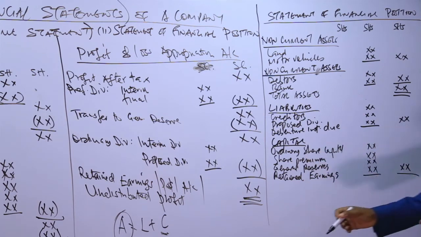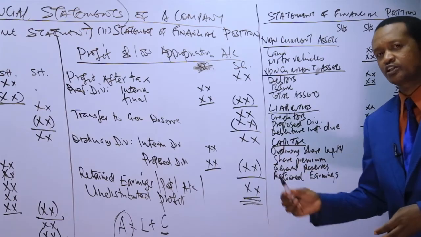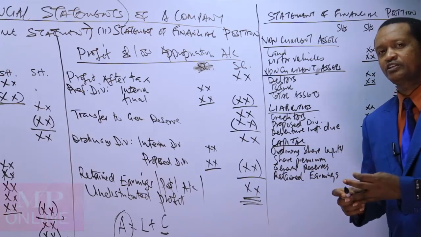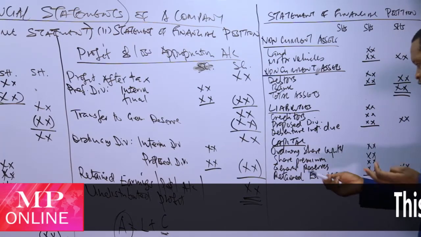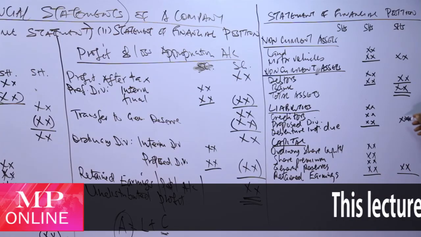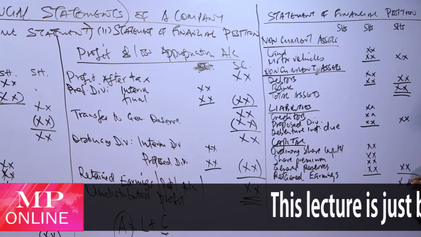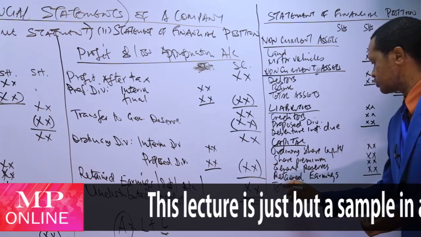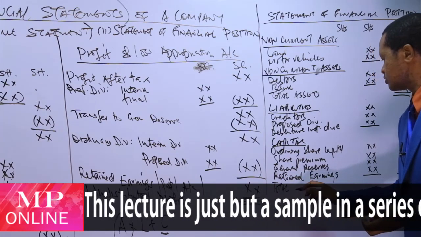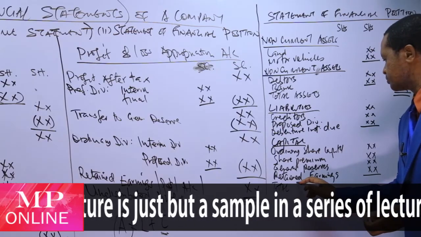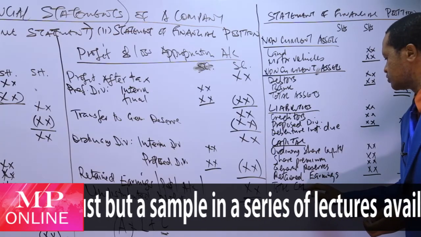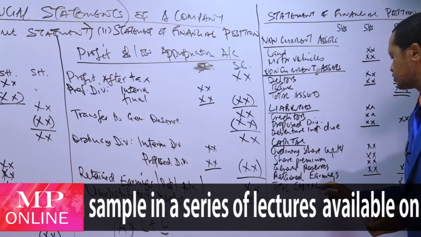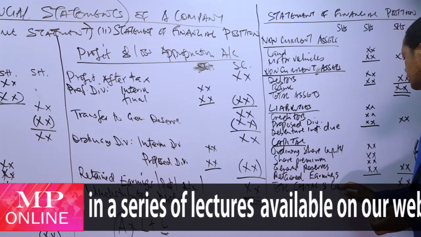Remember, shareholders' funds will be equal to the ordinary share capital plus reserves and retained earnings, including share premium. So this should give us the total capital and liabilities.